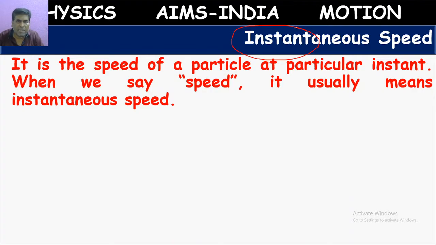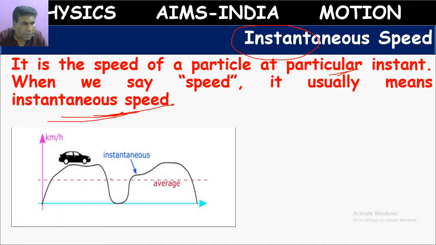But with brew instant, we can take the milk, mix brew powder, and by instant we can have coffee. So instant means at that particular time, at that instant. So here, speed at one particular instant, we call it as instantaneous speed.